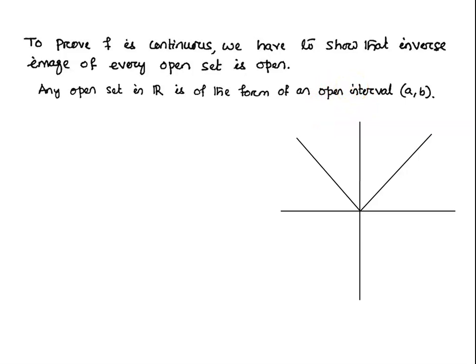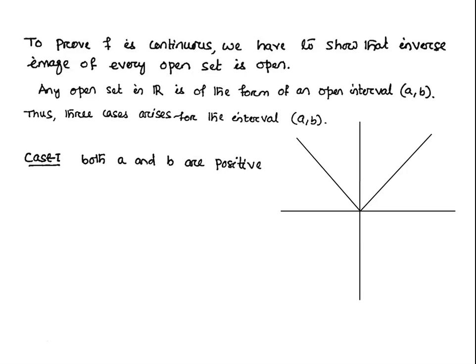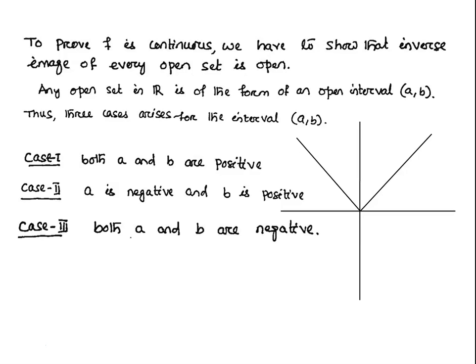Case one is both of these endpoints of the open interval AB are positive. Case 2 is A is negative and B is positive. And case 3 is both A and B are negative. Now let us check what is the inverse image of this open set or open interval AB in all these three cases.